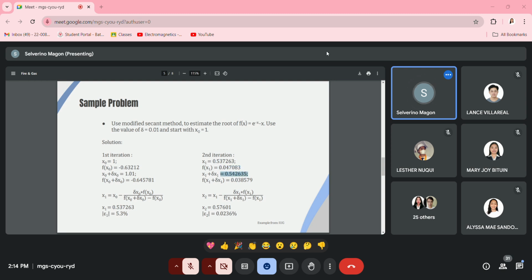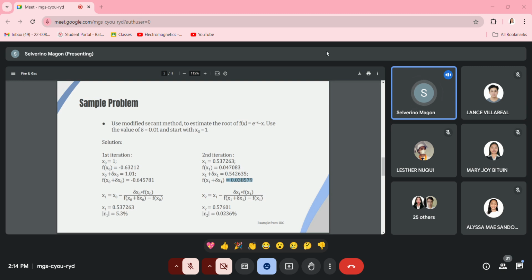So we have x plus 1 at 0.54. Then the corresponding change in the vertical dimension is this one. So it decreased a little, no? From 0.47 it decreased to 0.38 right here.